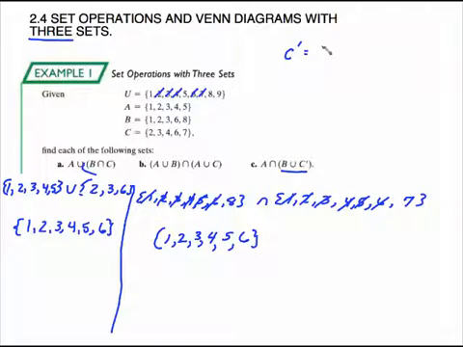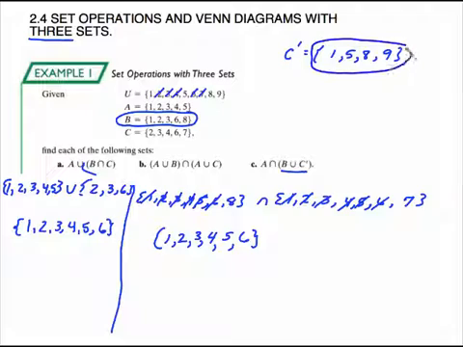So not C contains 1, 5, 8, 9. And I want to union that with set B. So that will give me 1, 2, 3, 5, 6, 8, 9. So that's my set for B union not C.